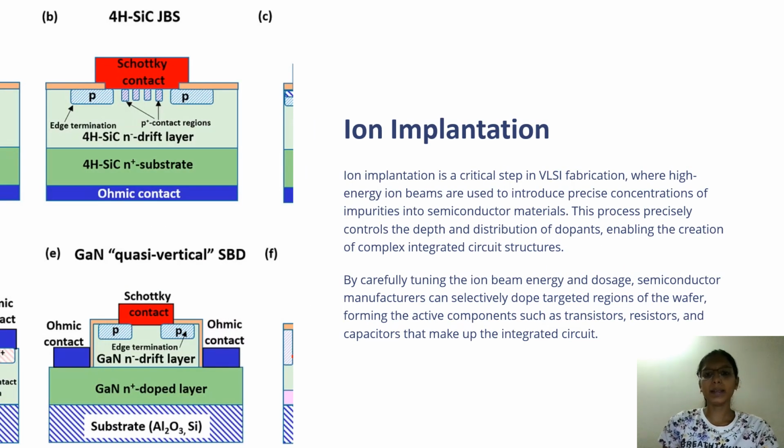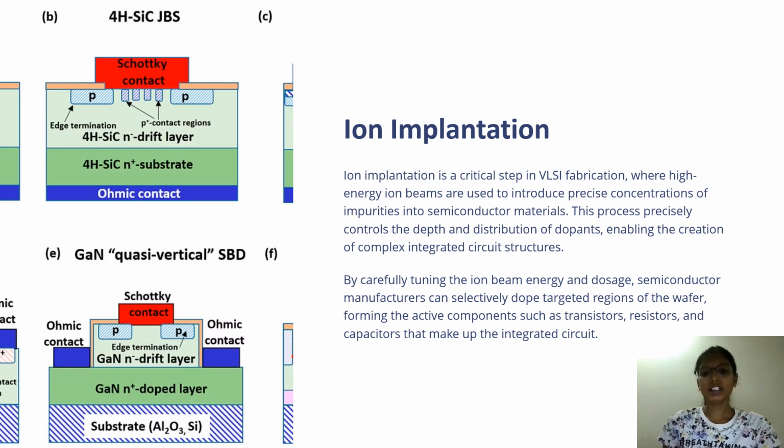Then ion implantation. Ion implantation is a critical step in VLSI fabrication, where high energy ion beams are used to introduce precise concentrations of impurities into semiconductor materials. This process precisely controls the depth and distribution of dopants, enabling the creation of complex integrated circuit structures.